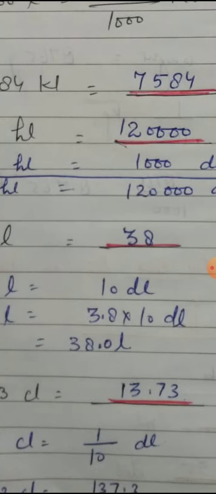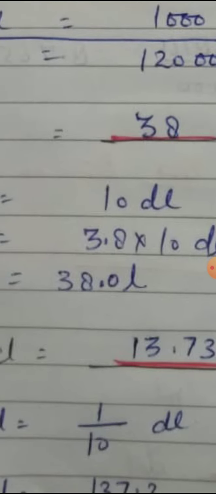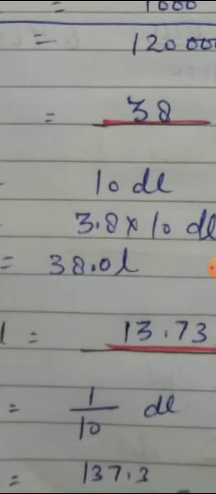When you are multiplying the numbers, the decimal will be shifted from left hand side to right hand side. Always remember it, don't be confused. When you multiply any decimal number, the decimal place shifts to the right, and when you divide, the decimal shifts from right hand side to left hand side. When multiplying, you will get a greater number. It means 3.8 is converted into 38.